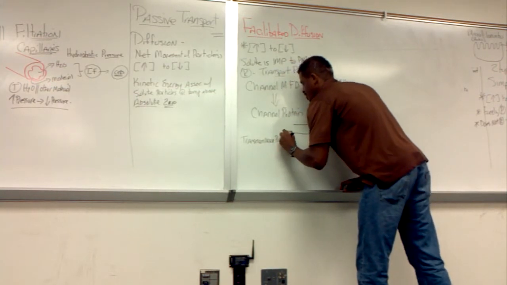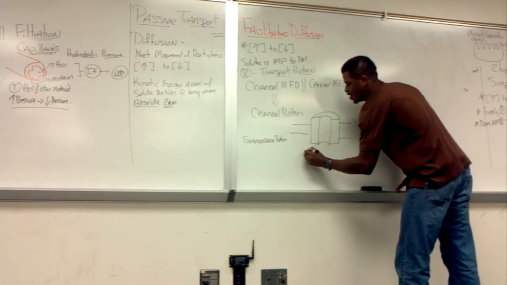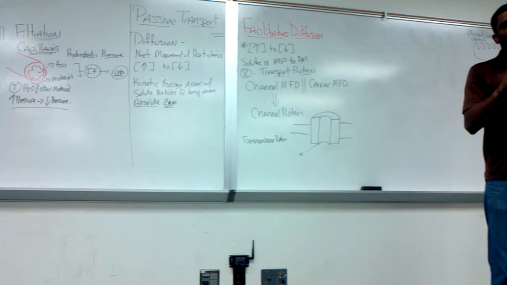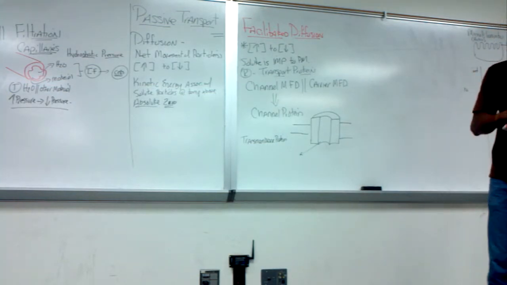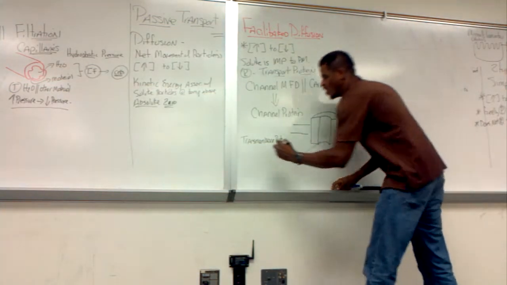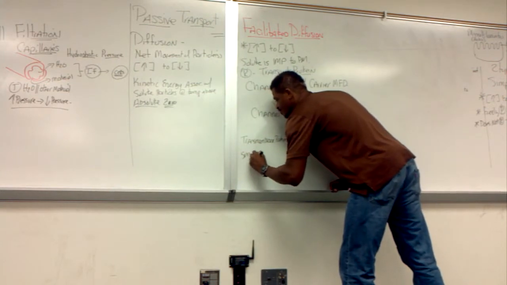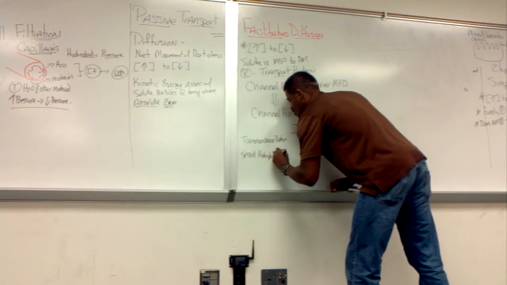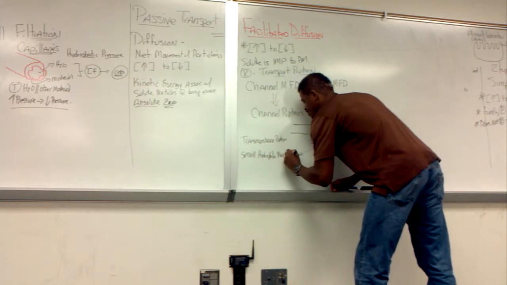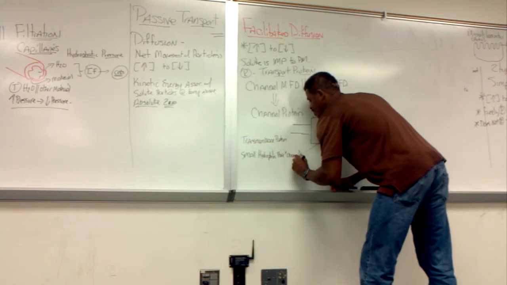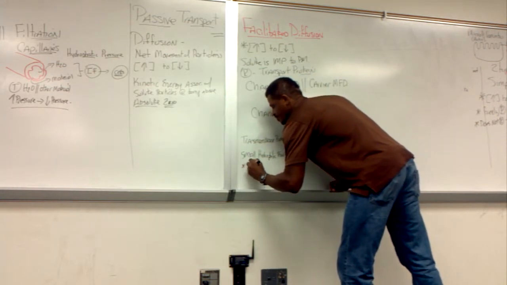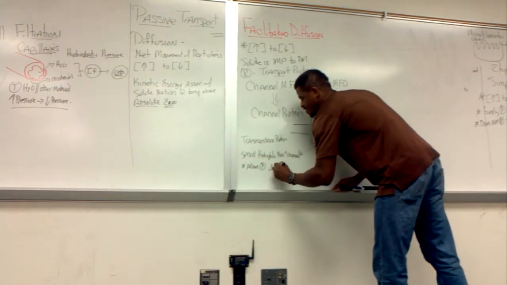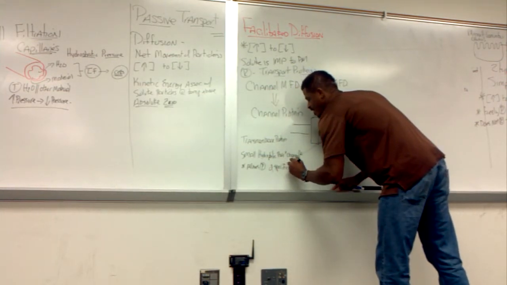Structurally, it will have a small hydrophilic pore which allows the passage of specific ions across the membrane. So this would be a small hydrophilic pore or channel that allows the passage of a specific ion across the plasma membrane.